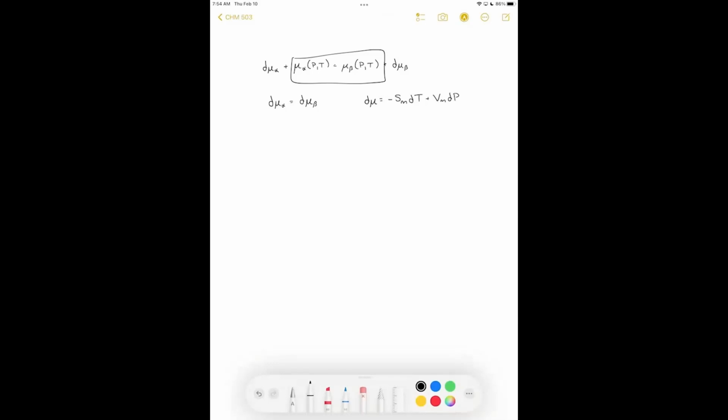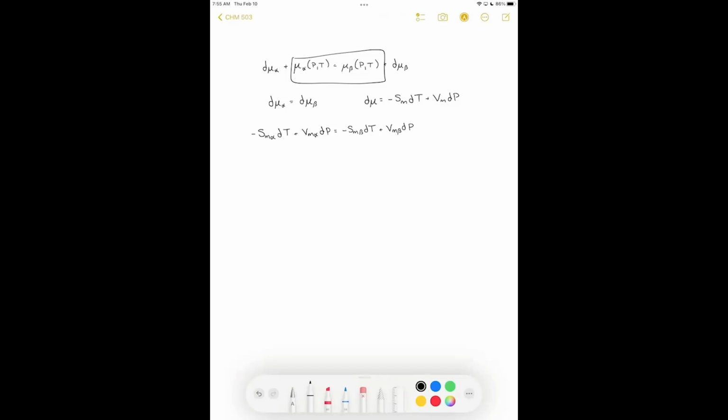So we can substitute this in here for each term, alpha and beta, to say that the negative molar entropy for the alpha phase times dT plus the molar volume for the alpha phase times dP is equal to the negative molar entropy for the beta phase times dT plus the molar volume for the beta phase times dP.